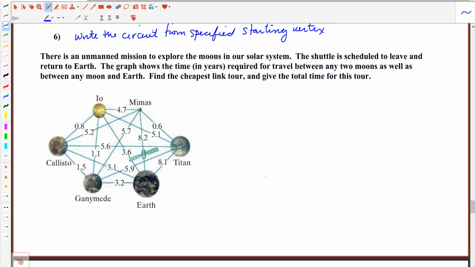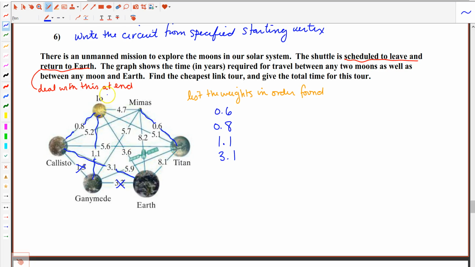But if I were to grab it, I would have 3 edges coming out of Io. So that violates that 3-edge rule, so I can't have the 3.6. I'll kick him out. Next one after the 3.6 was this 4.7 I saw up here, but that one's also a problem. That would create 3 edges out of Io, so that one's out as well.